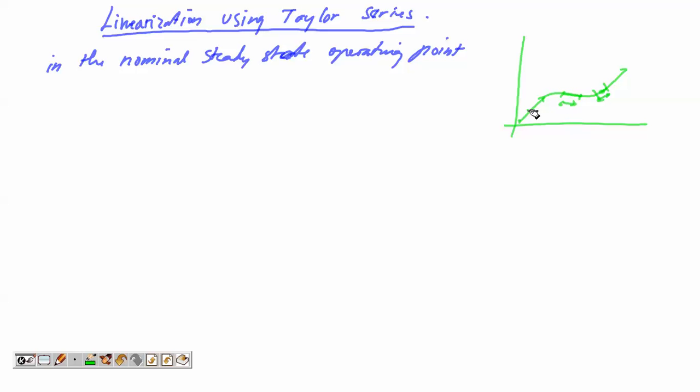Okay, so here is linear. Also this one we assume, or we approximate as a linear response or linear graph. So in this nonlinear differential equation, we assume linear in the nominal steady state operating point.